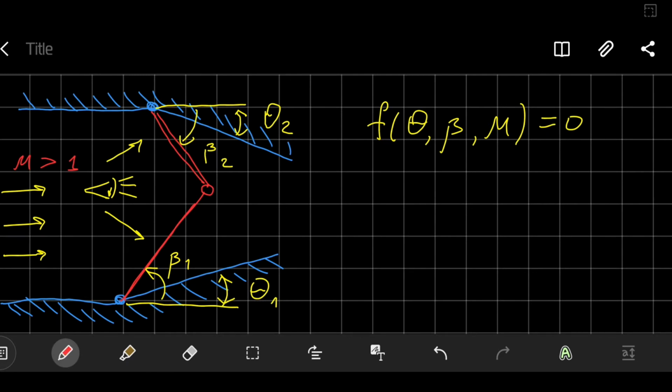These left running and right running shock waves will meet at some point and they will reflect one from another. This reflection will also form a so-called slip line, which will characterize direction of the flow after the shock wave intersection.